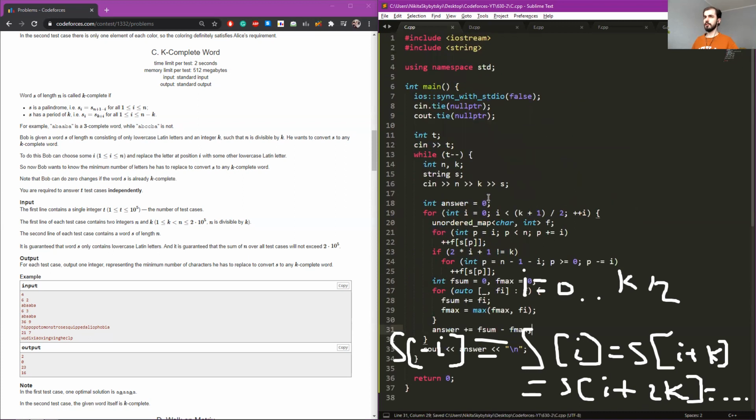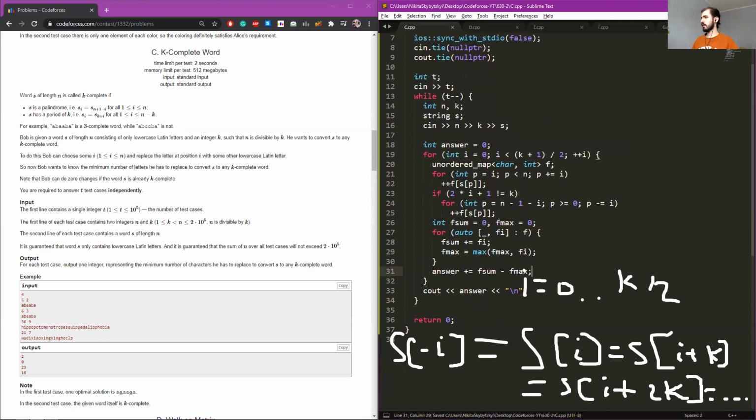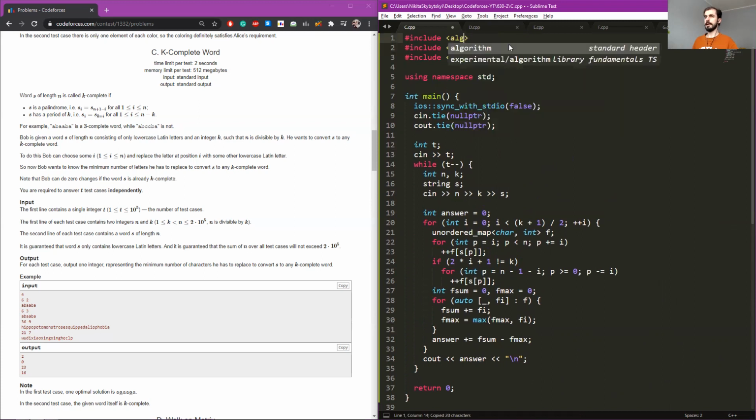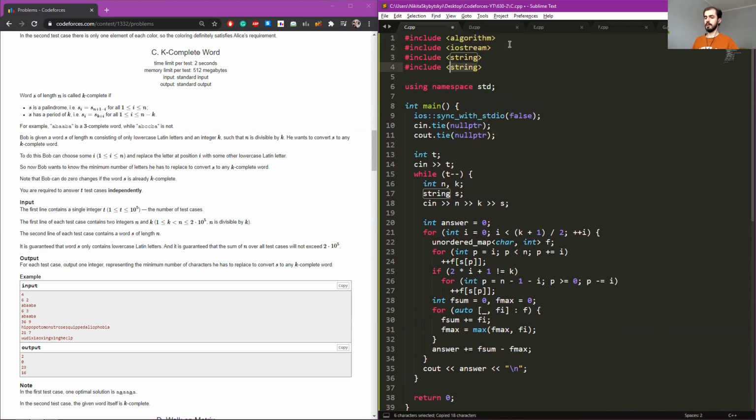I think something like this should work. It will require algo map.